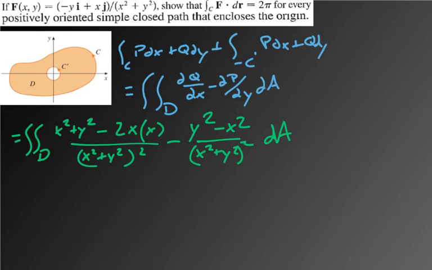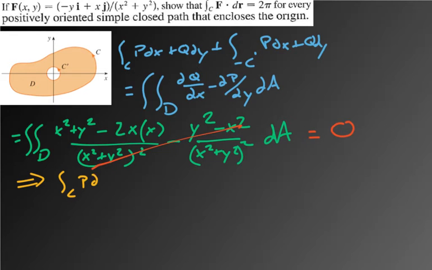If you combine the tops, you get y squared minus x squared, so these cancel out. This is really nice, and that means the double integral is 0.